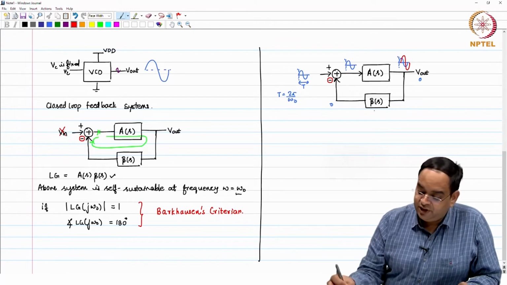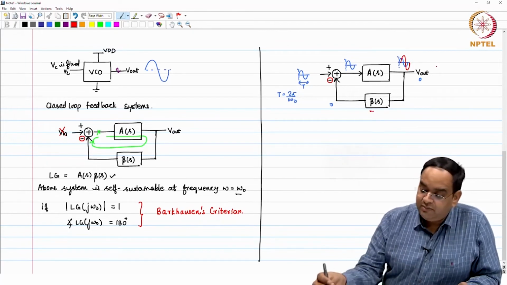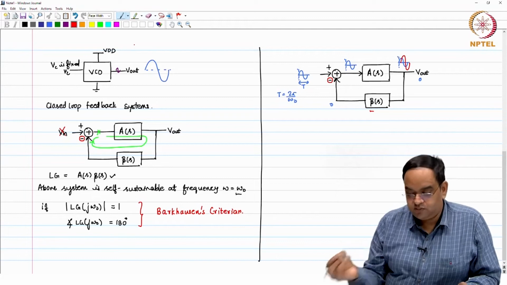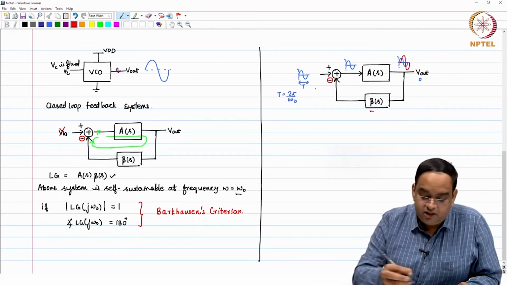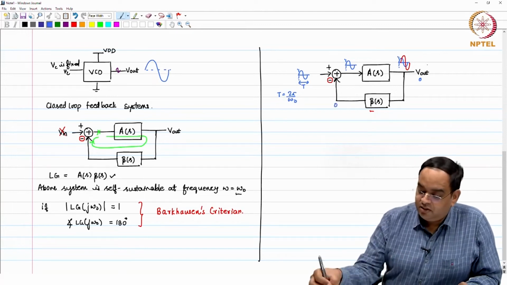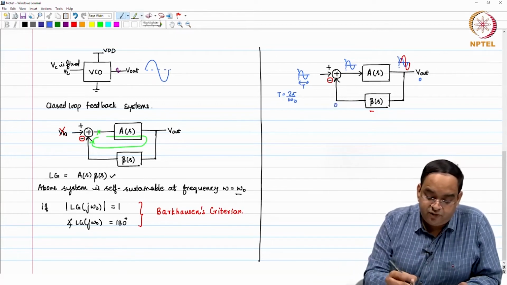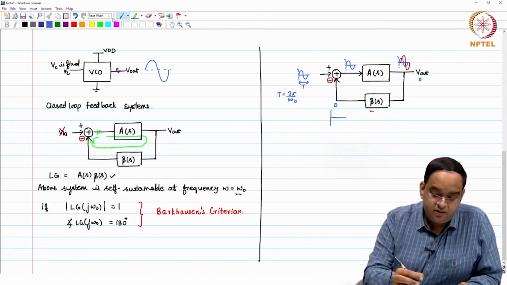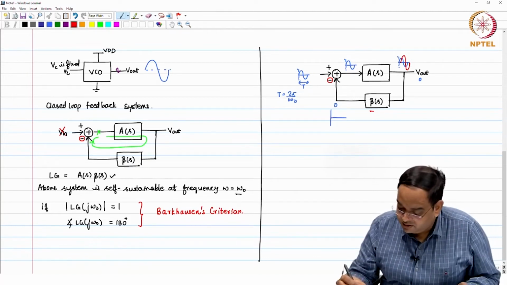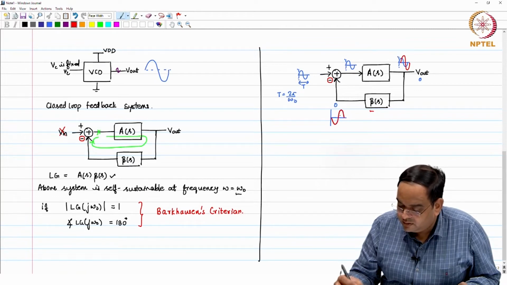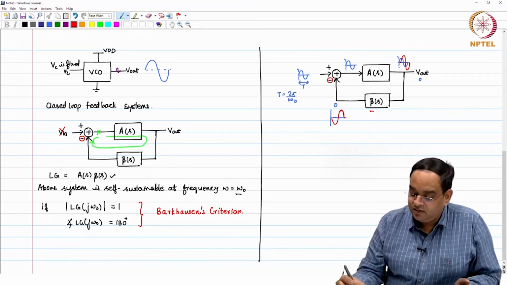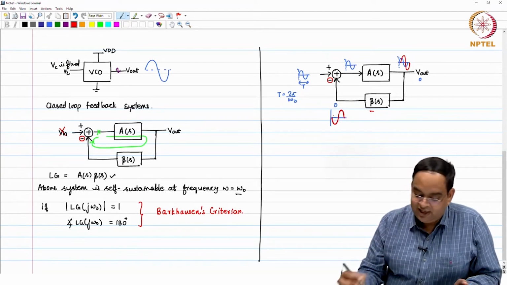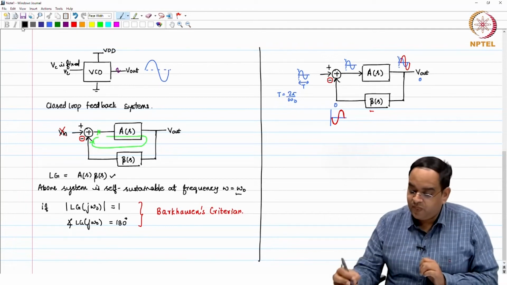Then you have beta of s also, and beta of s is going to do a similar thing. It will amplify and add phase shift to it. So the waveform here is shifted in phase and amplified. I deliberately do it like this, and the reason is the following.